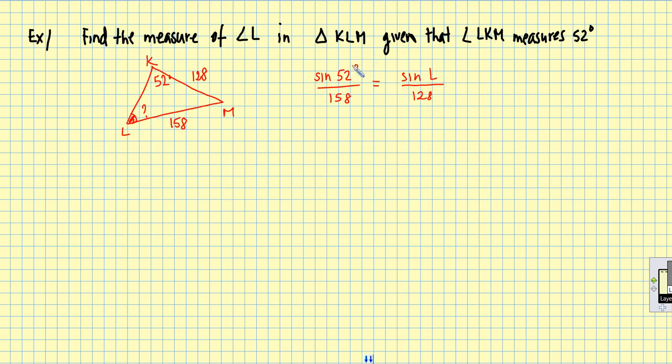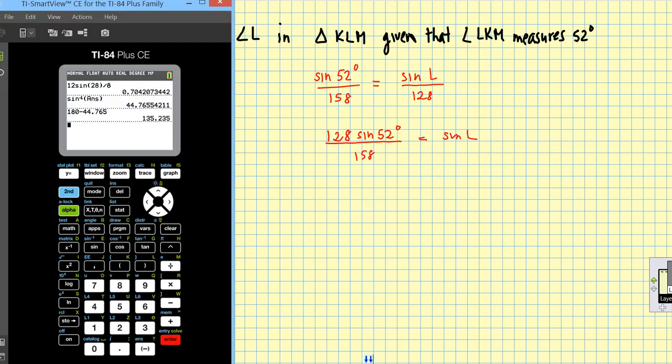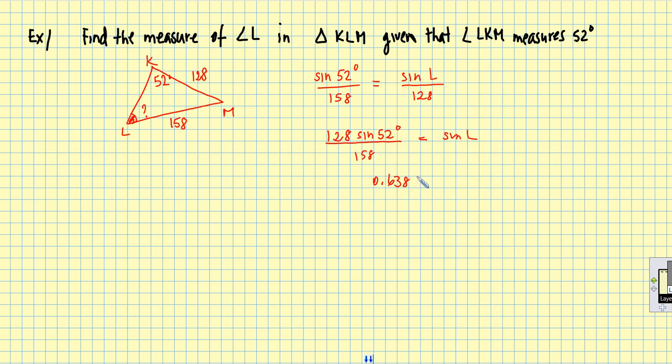Rearranging the formula, 128 sine of 52, all divided by 158, should equal the sine of L. So I go into my calculator and say 128 times the sine of 52, divided by 158, and I get 0.6383, which equals the sine of L.